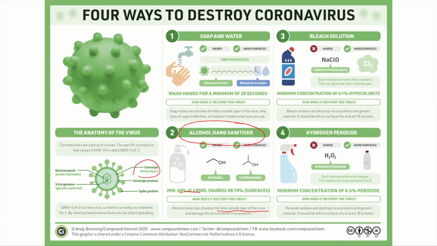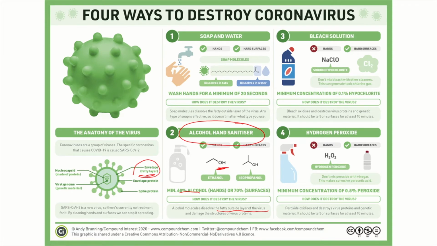What this alcohol does is that the hydroxyl group can help to react with this fatty acid. So it can help to dissolve and destroy it, and of course damage the virus protein. That is why your hand sanitizer contains alcohol.